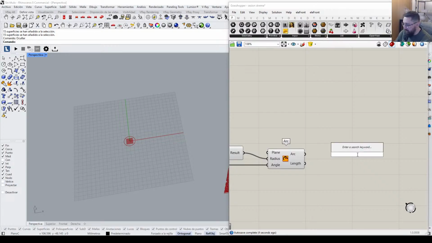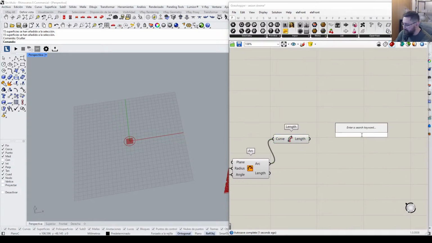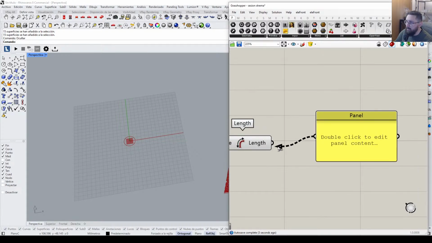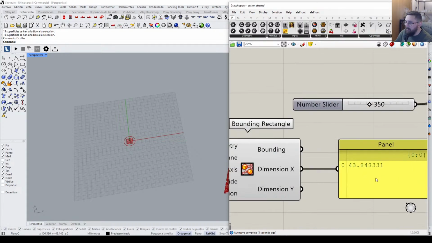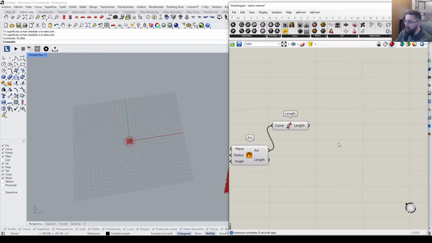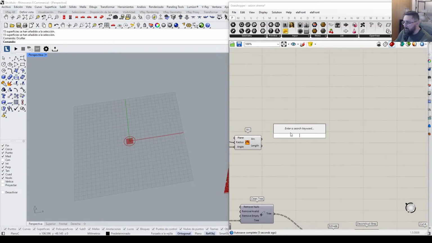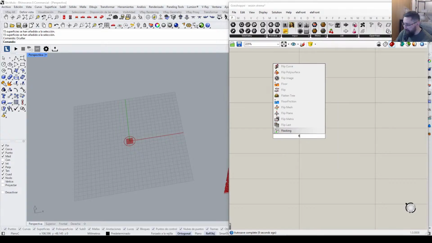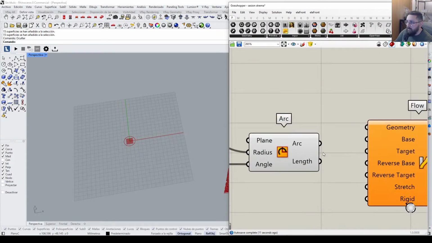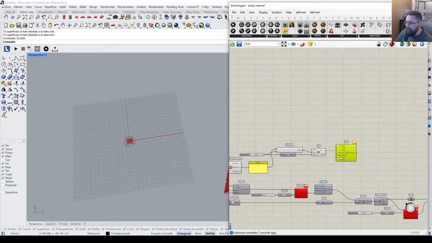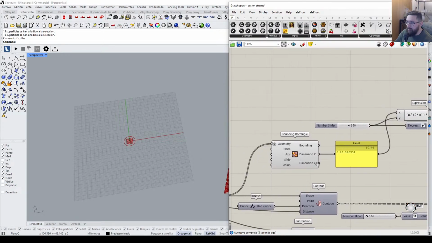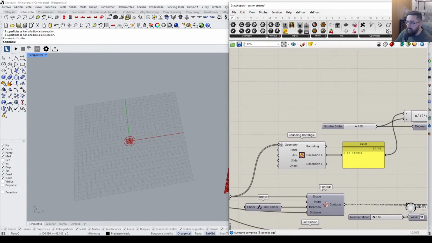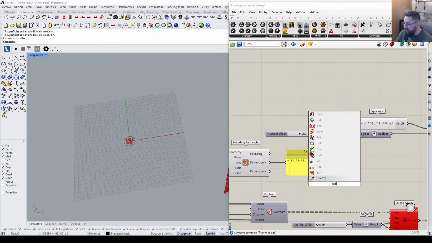And in theory, the length of this should be the same as the other one. So let me double check. 43.8, 43.8. Okay, there we go. So, it's arc, which is going to be the target. The original length. Well, SDL.